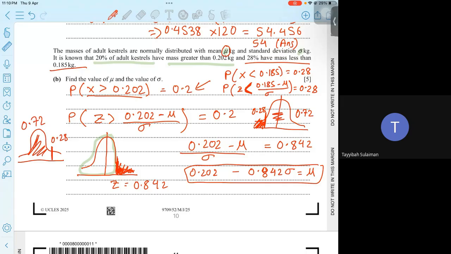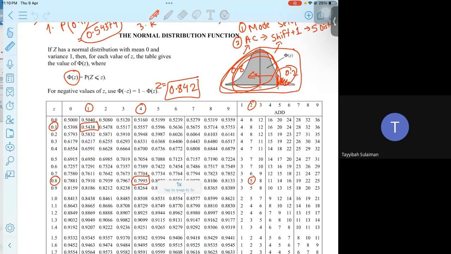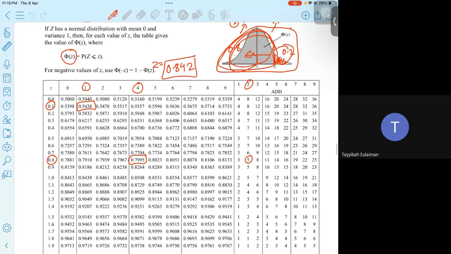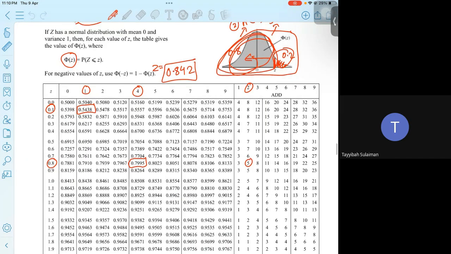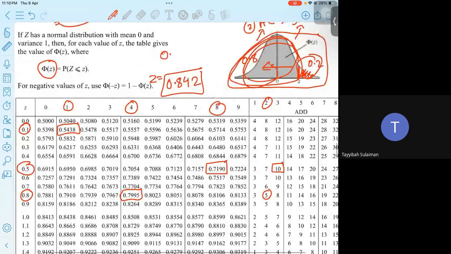So now we have to go back to the table and see where we can get a value of 0.72. Let's go back to MF19. I don't think there's a shortcut for doing this in the calculator. So I see that I have a 0.7190, and if I add this 10, I get 0.72. So that is 0.583. Let's remember that.